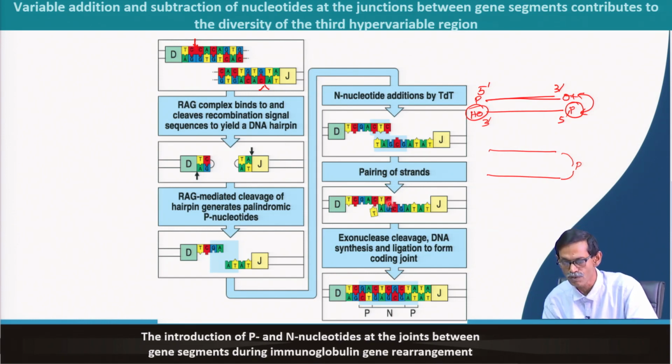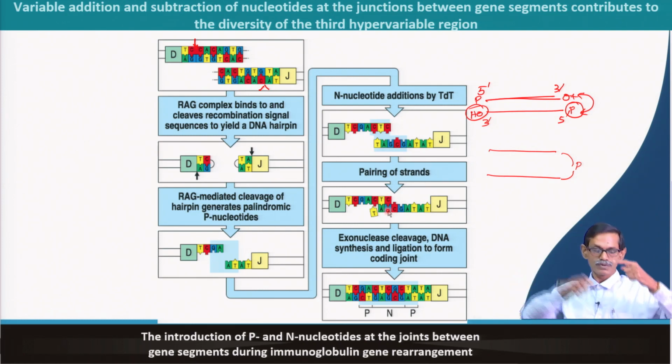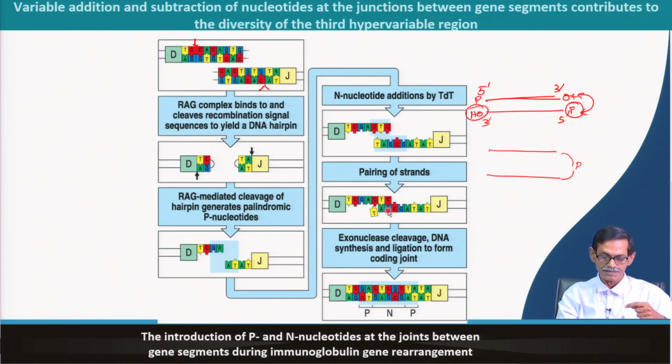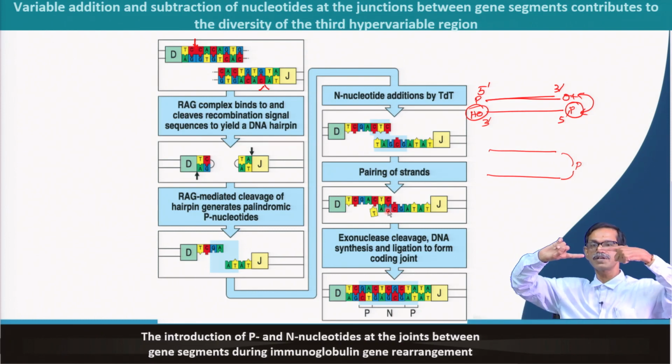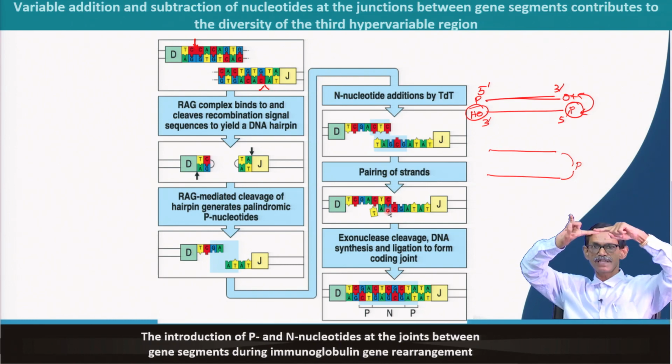So, once they get a complementarity, while this is synthesizing, like CTC added in the upper strand and CGA in the lower strand, the two single stranded sequences sometimes find complementarity. As soon as they find complementarity, it becomes double stranded.